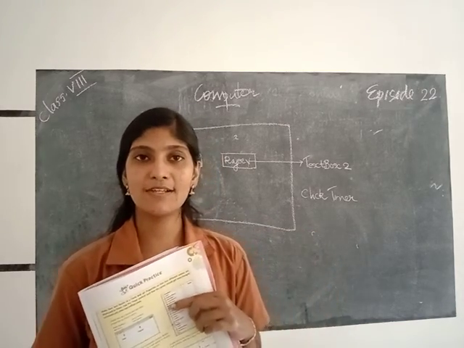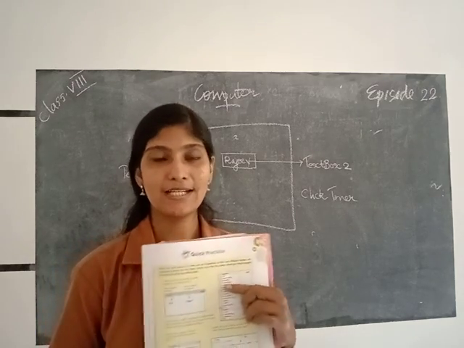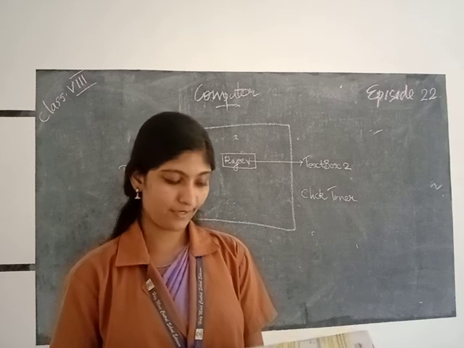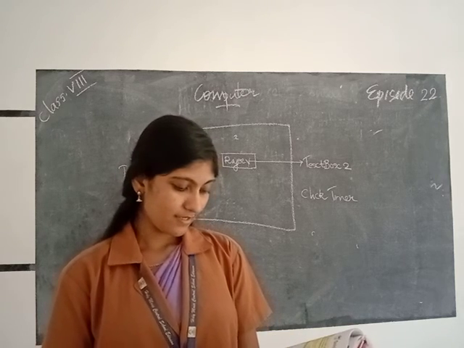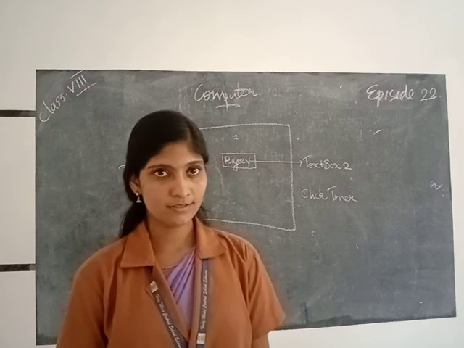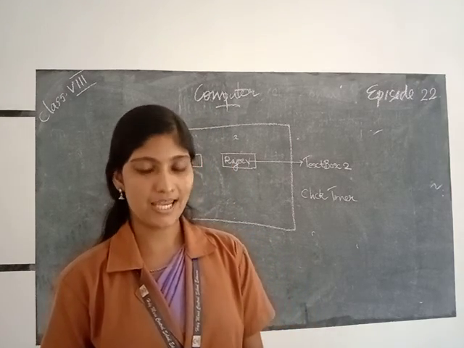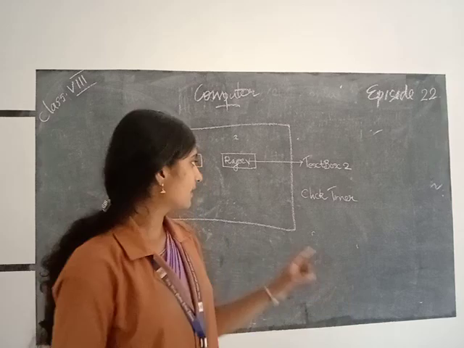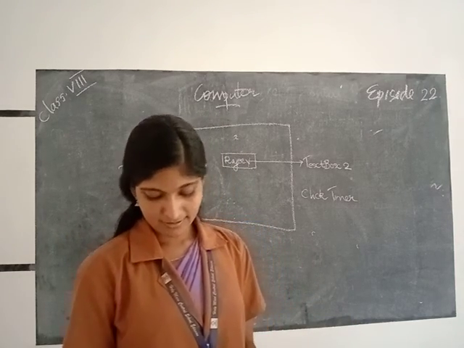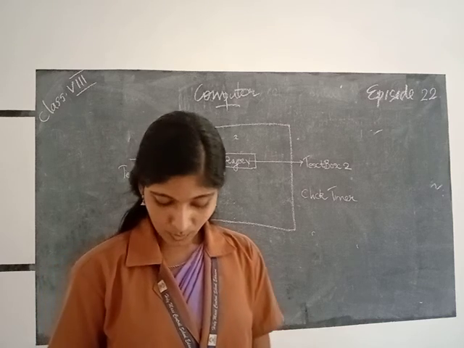So what is the interval we mentioned here? 600 milliseconds. And then Modifiers Friend. So here we have to write code for interchanging the names. So when the timer control ticks, there is code.